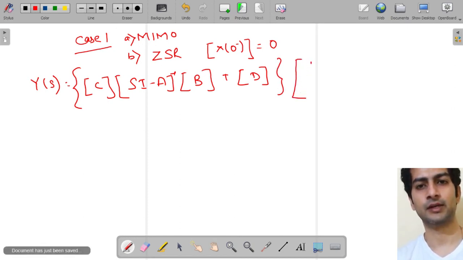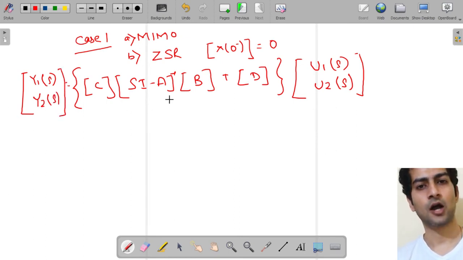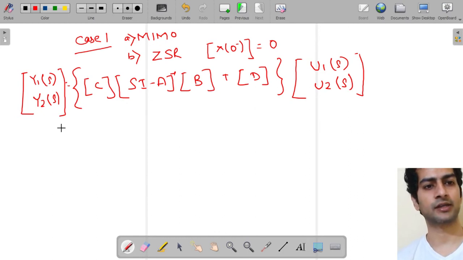So there will be multiple inputs, and as there will be multiple inputs, there will also be multiple outputs. We will write it like this. Now see how many combinations we will get.